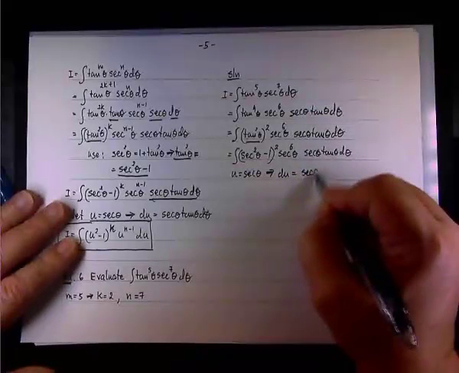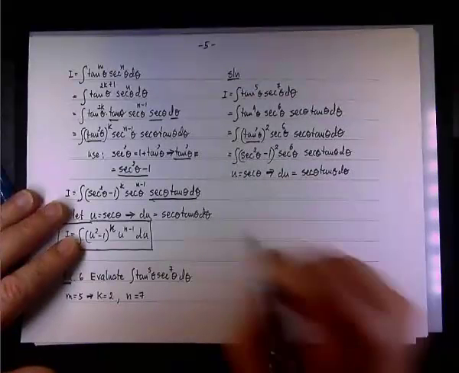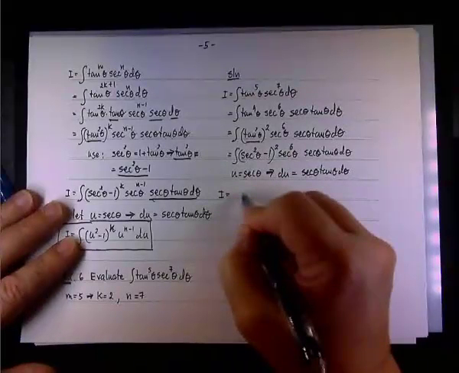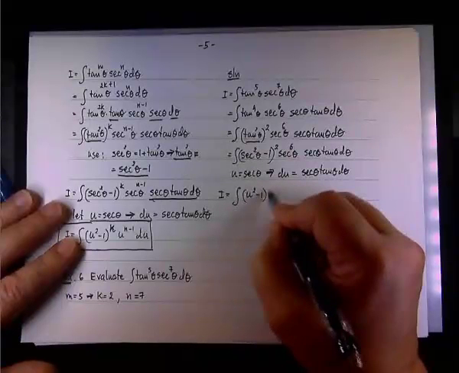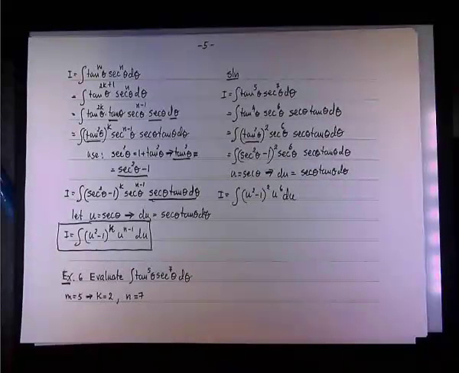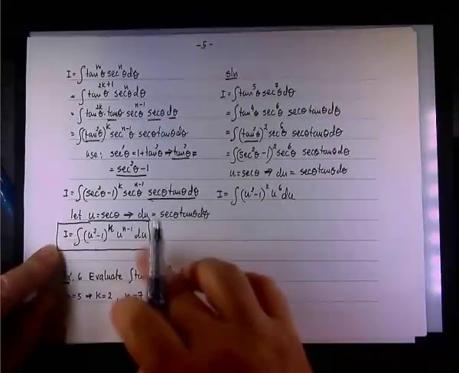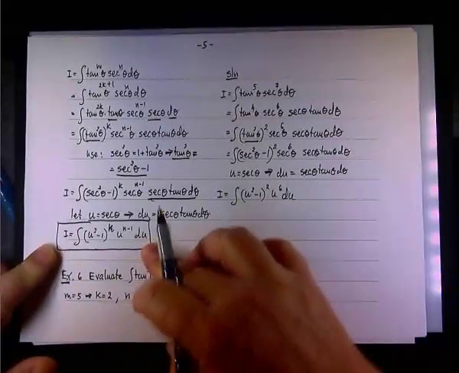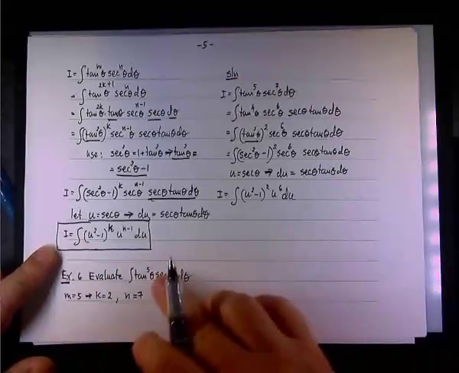And now we substitute. u equals the secant. And therefore du equals secant times tangent d theta, and I, the integral, will be u squared minus 1, all of it squared, u to the 6th du.